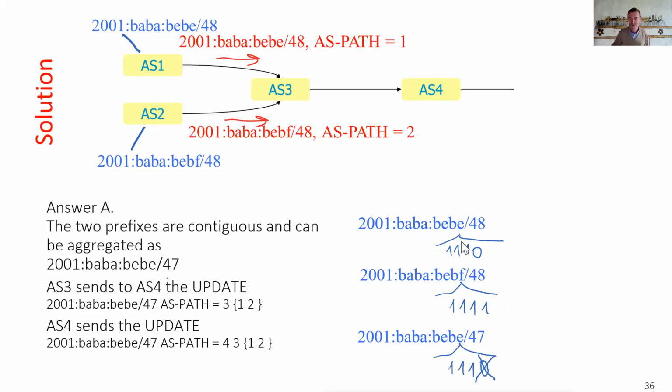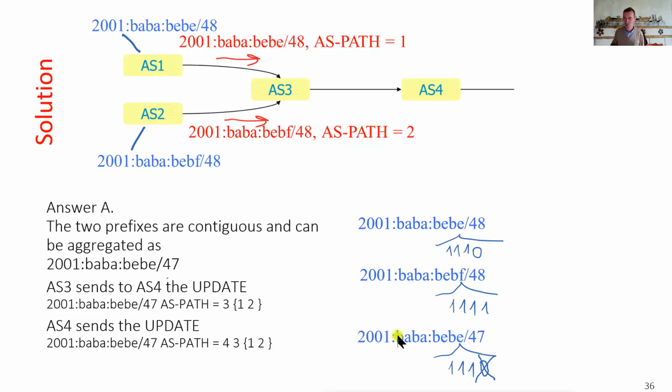Here they differ only by the last hex digit, an E and an F, and I wrote here the binary representations. We see that they differ only by the last digit, which is a 0 or a 1. So if you ignore this last digit, which you do by saying /47 instead of /48, then you have a prefix that covers both.